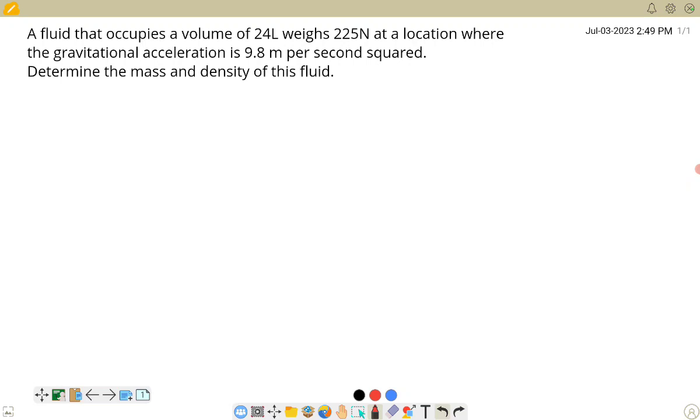Well, we should know that when something has a weight at a particular location, the weight is equal to the mass times g, which is the gravitational acceleration at that point. So we already know that the gravitational acceleration in this case is 9.8 meters per second squared.